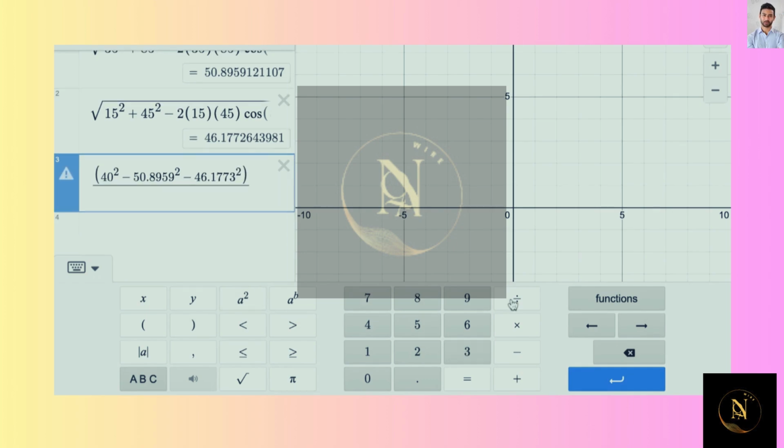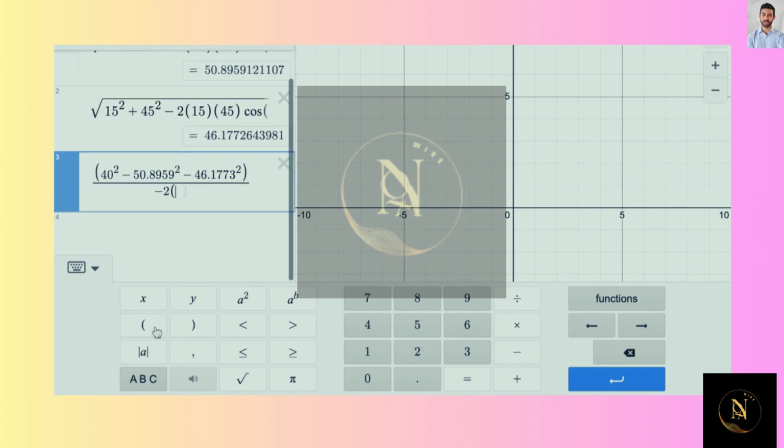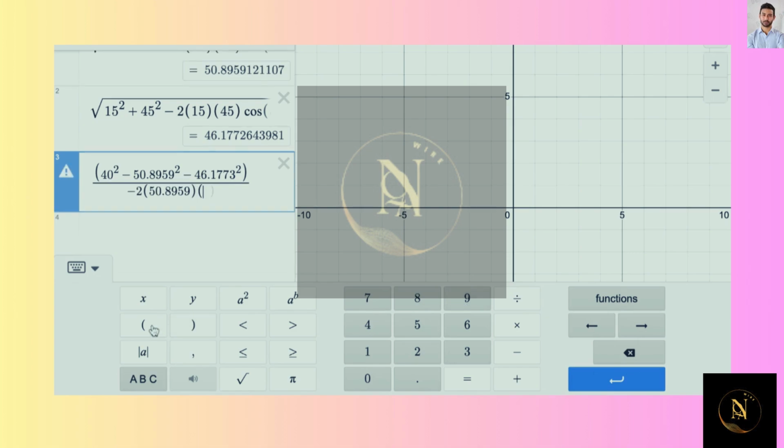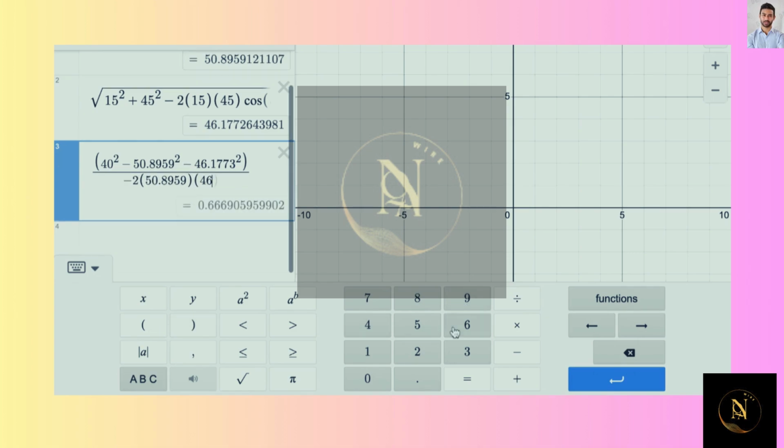And then divide by -2 times 50.8959 times 46.1773.